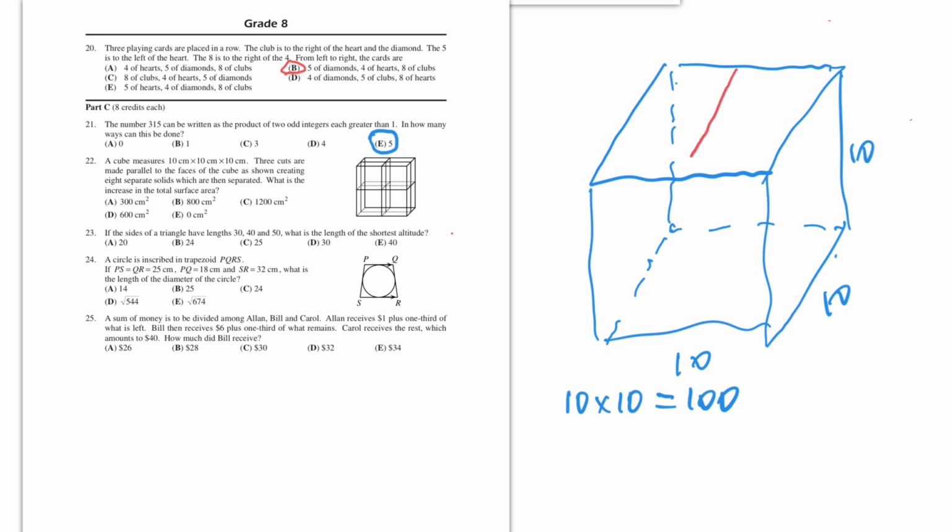So if I do the cut here in the middle, now after we do the cut, actually the cube now is divided into the 2 rectangular prisms. So increase the surface, that's in the middle one.